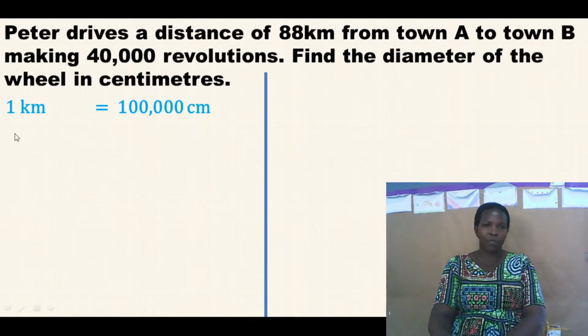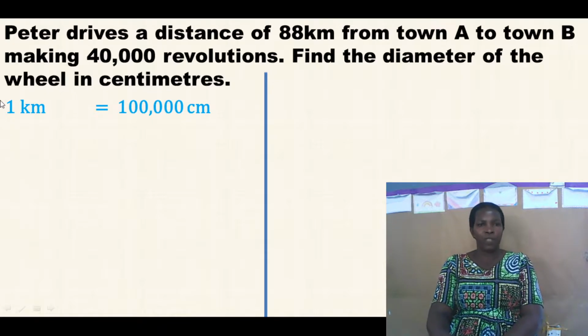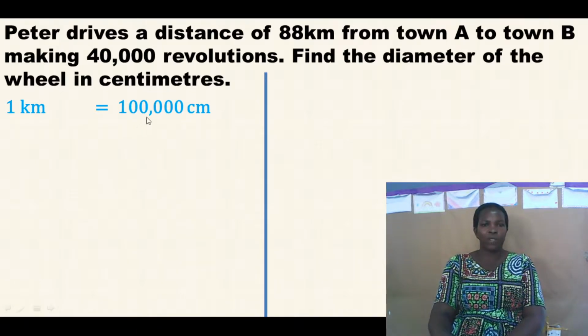I believe you all know this and you know where it has come from, because you looked at this in primary 5, primary 6, and right now you're looking at it in primary 7. So this is not all that new to you. Having known that 1 kilometer is equal to 100,000 centimeters, our task is to convert the 88 kilometers.